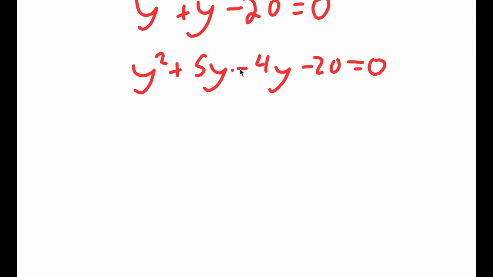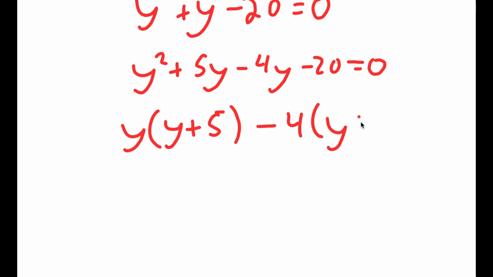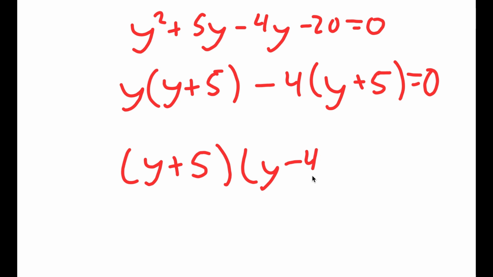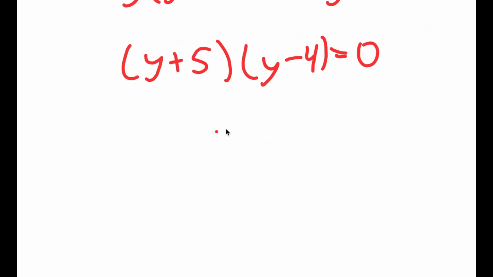So first, from y squared plus 5y, I can factor out y, so I get y times y plus 5. And from negative 4y minus 20, I can factor out negative 4, so I get negative 4 times y plus 5. Now if I factor out y plus 5 from this, I get y plus 5 times y minus 4 is equal to 0, meaning y is equal to negative 5 and y is equal to 4.